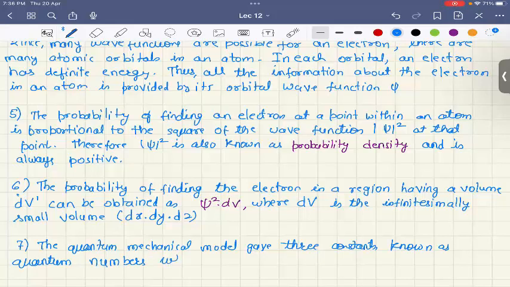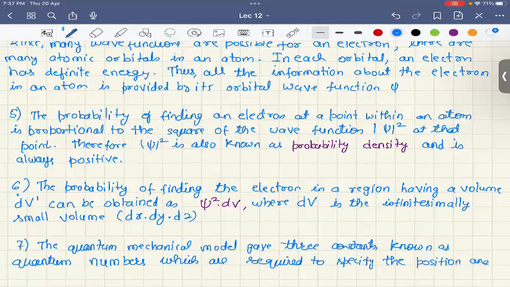Which are required to specify the position and energy of the electron in an atom, right?